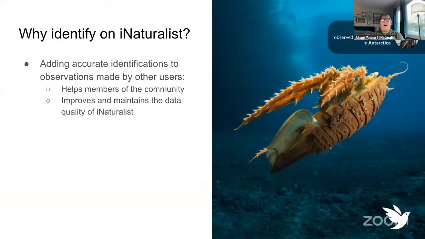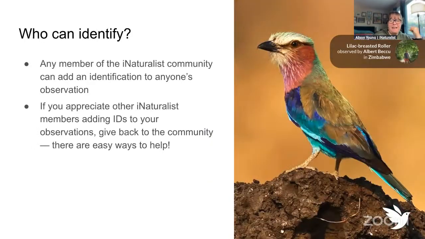So why identify on iNaturalist? Adding IDs helps other people. It's just nice to help other folks, but it also improves the data quality on iNaturalist and makes the data set overall more useful for science and conservation. Just like how anybody can make observations, anyone can help with identifications on iNaturalist. We respect the fact that everybody has knowledge to share, that a lot of people out there in the world who aren't necessarily experts have taught themselves a lot about species and places as well.